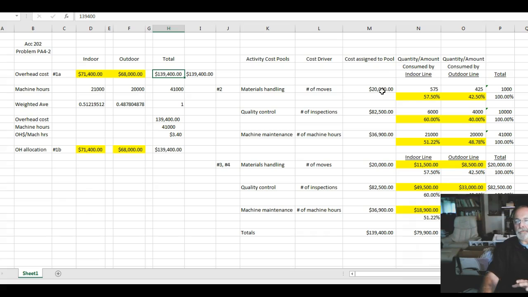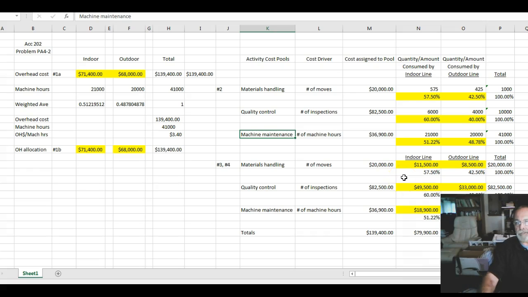We need to be able to break down that cost into the overhead cost that pertains to or relates to each of the activity cost pools. So again, $20,000 of material handling, $82,500 of quality control, and $36,900 of machine maintenance.